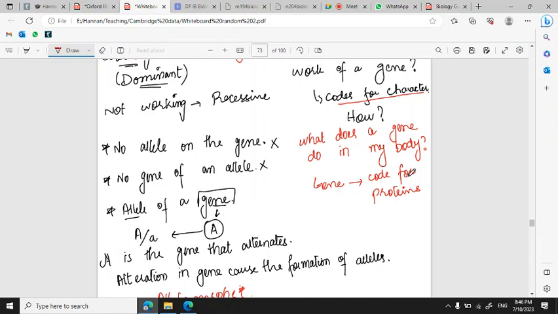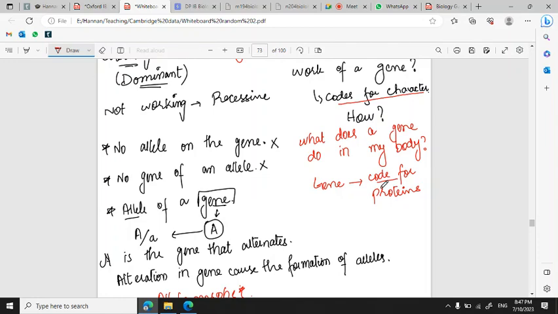The construction would be done based upon that blueprint. So what does it mean? My body is actually built based on the information present on the gene. So genes are coding for the proteins.